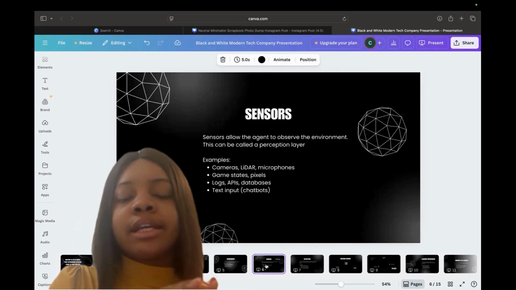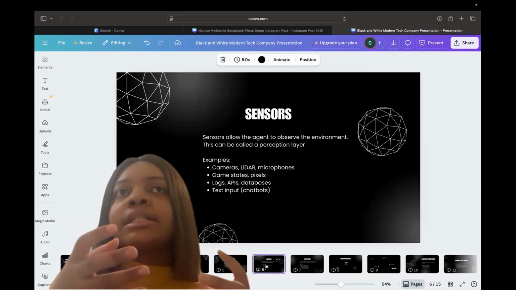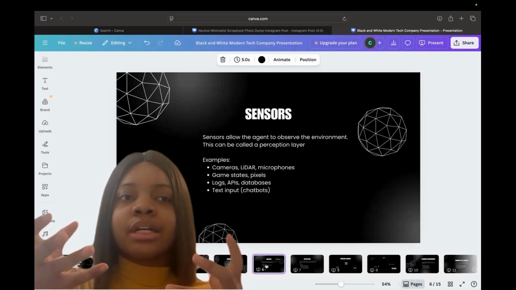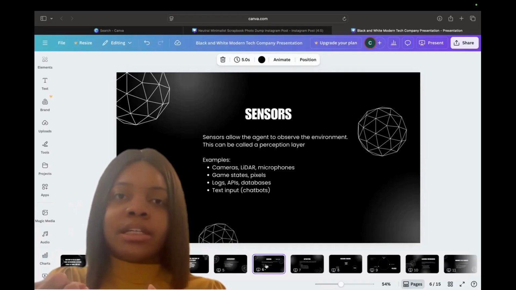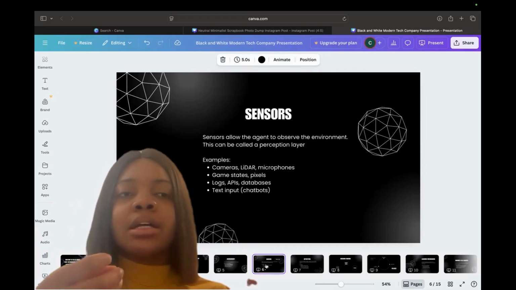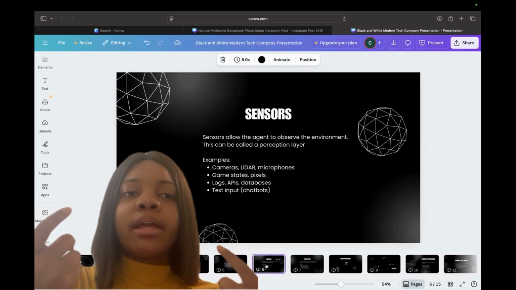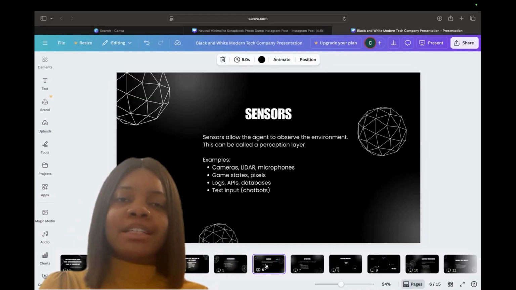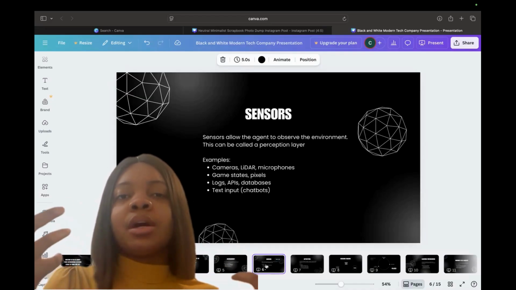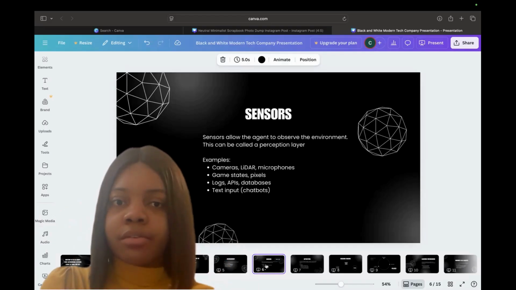Sensors allow agents to observe the environment. They are used to perceive the environment. They're like perception layers. You can call them perception layers. They're used to perceive the environment around them. So in as much as they're in those environments which are external, to be able to work in those environments, they need to perceive the environment. They need to see the road traffic, for example.